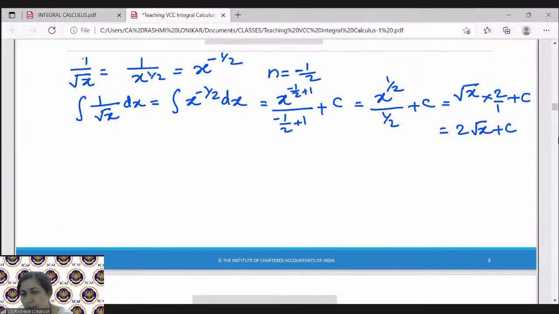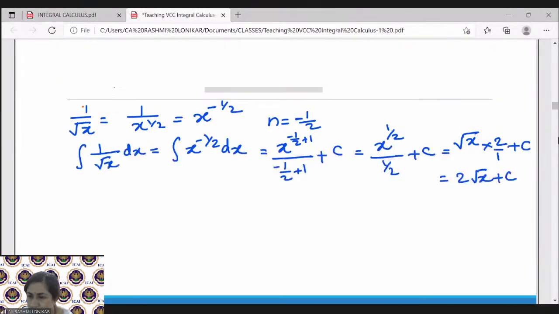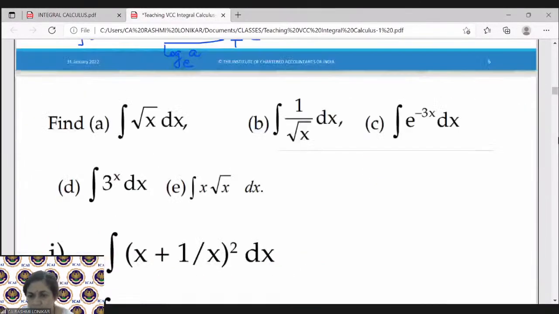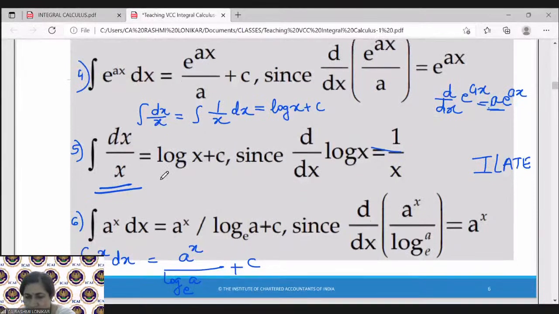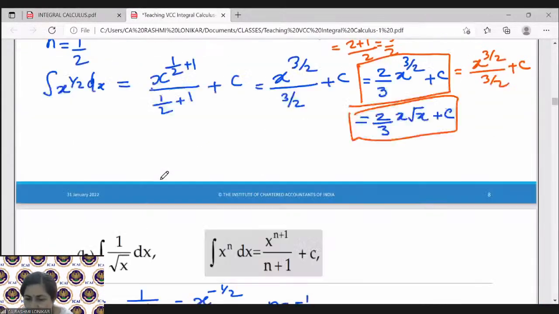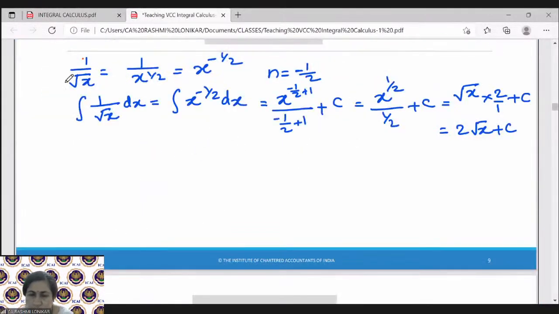If I have integral of 1 upon x, I can use it as log x. This fifth formula we are talking about is integral of 1 upon x, and in the sum, we have integral of 1 upon root x.